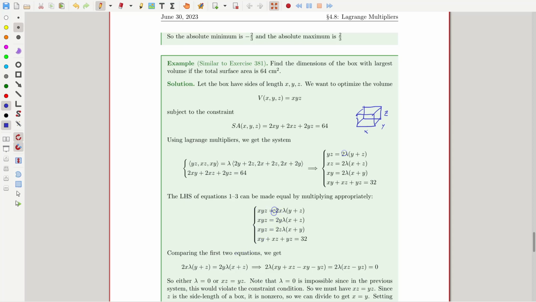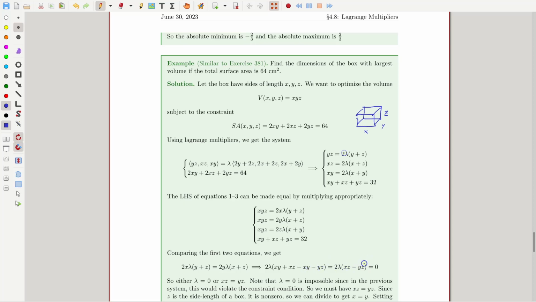Set the first two equations equal to each other, and factor some things out, I believe is what I do. Factor out 2 lambda, and then I end up distributing the x and the y in. So you get xy plus xz. I think I move this term to the other side, so I get a minus xy minus yz. Yeah, so we get this, and then notice that these xy and xy cancel, giving you this condition.